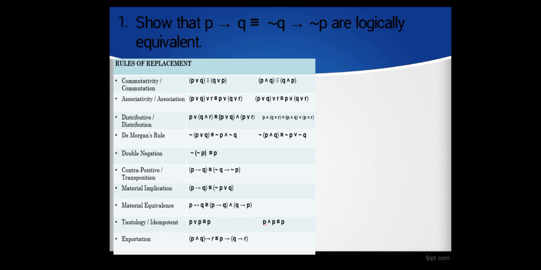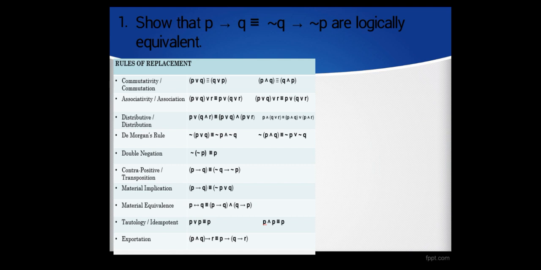Then next we will have not Q, because as I said earlier, if there are no open and close parentheses, the not P becomes not Q. Then not Q or not P. Then we will also use the material implication.